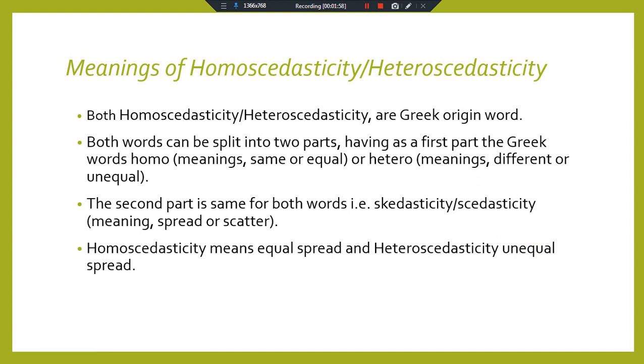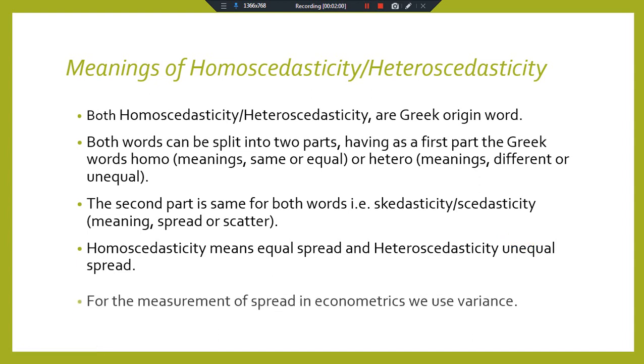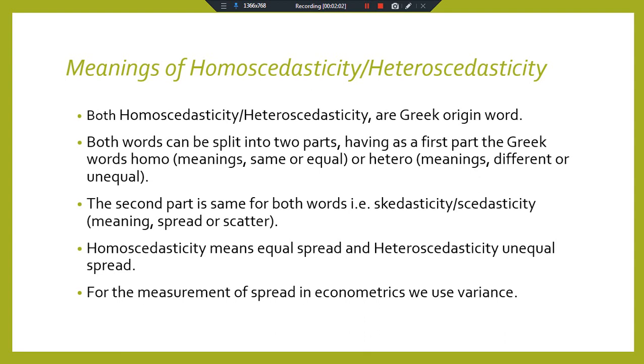For the measurement of scatteredness in our data, in econometrics we normally use variance. So now we can understand the meaning of homoscedasticity and heteroscedasticity.